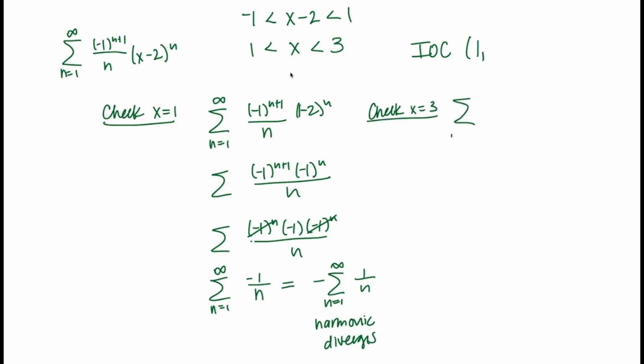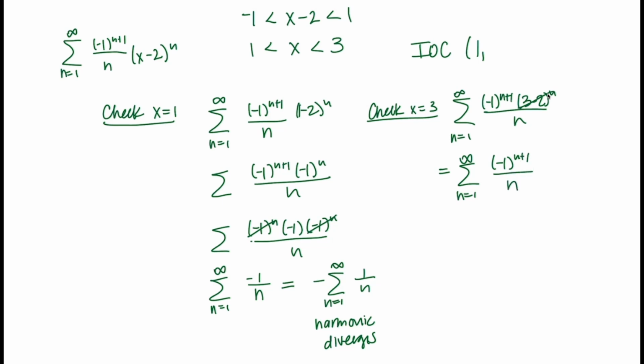So we're going to have the sum of n equals 1 to infinity of (-1) to the n plus 1. If I let x equal 3, I have (3 minus 2) to the n over n. Well, this time 3 minus 2 is +1, to the n, which is just 1, so we can basically ignore it. And what we have is an alternating series. We have (-1) to the n plus 1 over n.